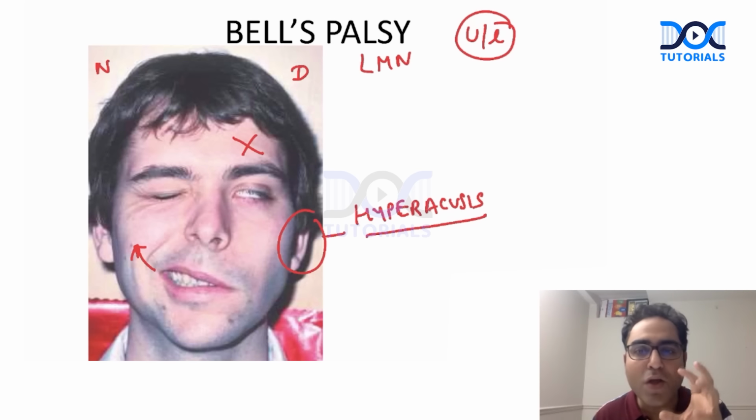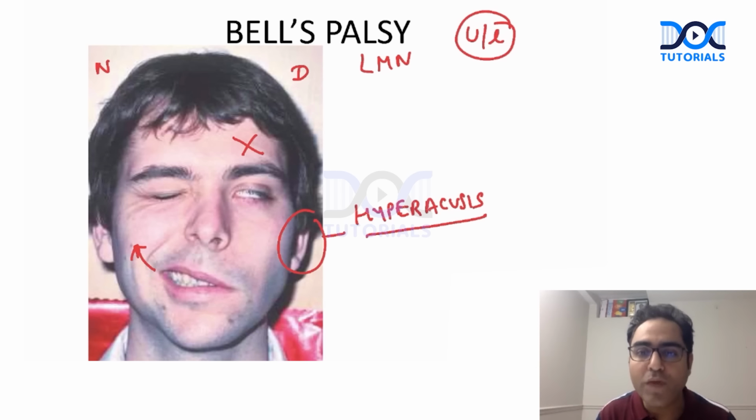Okay, what is the cause of Bell's palsy? It is edema in the labyrinthine segment of the facial nerve, which is the narrowest segment of the facial nerve, and that edema leads to compression. People hypothesize that this edema is due to herpes simplex virus 1 infection, but it is not proven. Drug of choice for Bell's palsy is oral steroid therapy for 3 weeks.